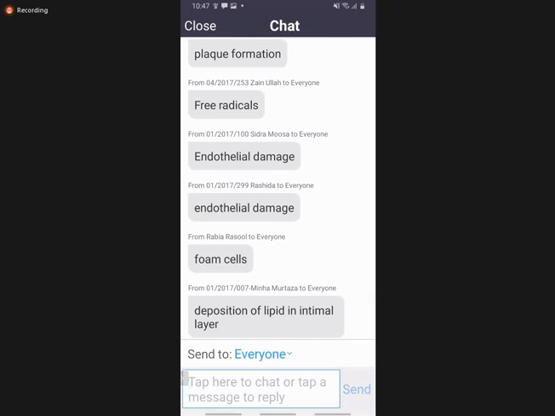Okay. Now tell me, what is the role of HDL? Why is HDL cardioprotective? You're right, Minha, that there is a deposition of lipid in the intimal layer. So can you tell me what is the role of HDL? Why is it cardioprotective? Anyone?